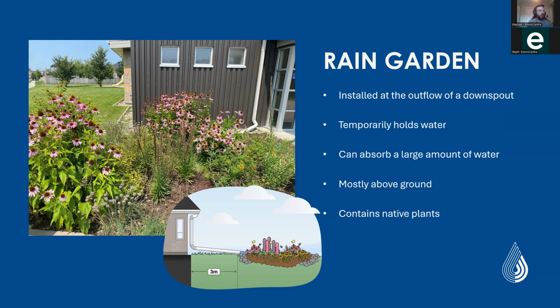There's nothing below ground except for changing the soil and things like that. And it contains native plants. So these are great if you have any kind of pooling or trouble absorbing the water on your property. These can make a more efficient use of the space. It can absorb way more water than just a lawn can. And like I said, it does hold onto that water temporarily to let it absorb over a couple of days span.